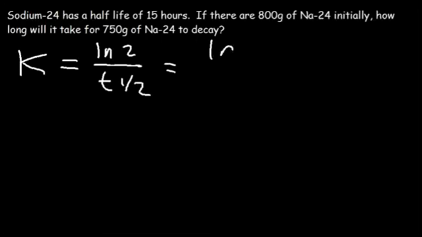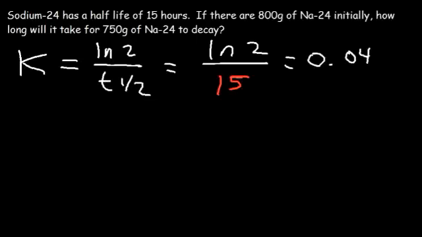So if you type in ln2, which is 0.6931, divided by a half-life of 15 hours, you should get 0.04621. So that's the rate constant K.